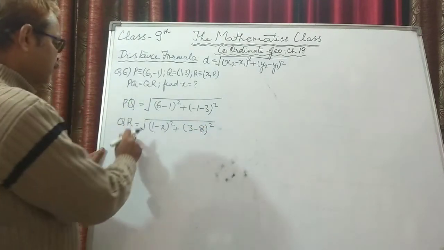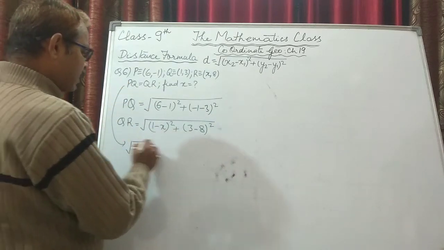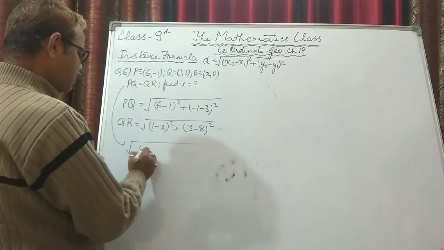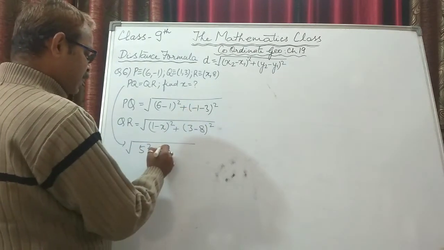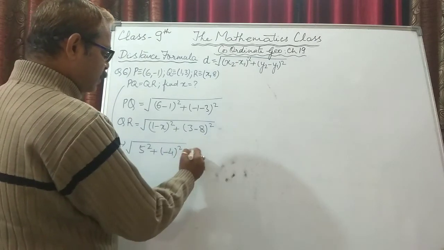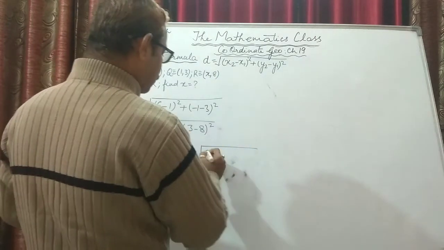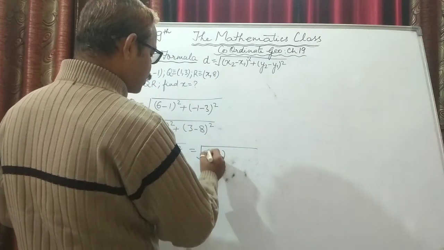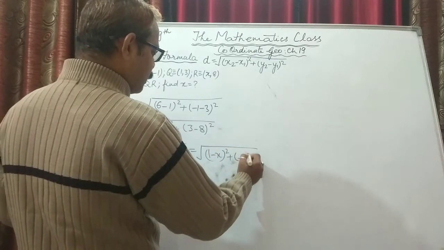Now since both of them are equal, it is given that PQ is equal to QR, so we can directly equate. 6 minus 1 is 5 square plus minus 1 and minus 3 is minus 4, so minus 4 square, can be equated to QR. QR is under root 1 minus x whole square plus 3 minus 8 is minus 5, so minus 5 whole square.